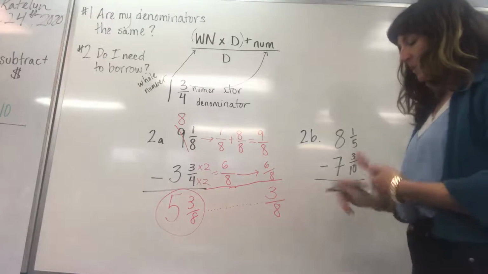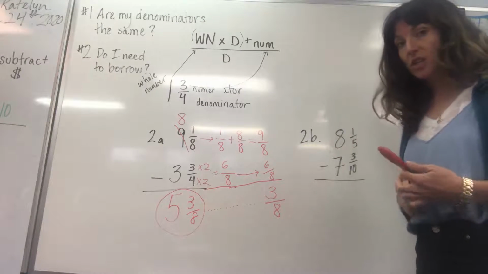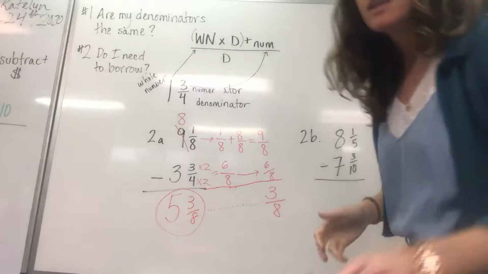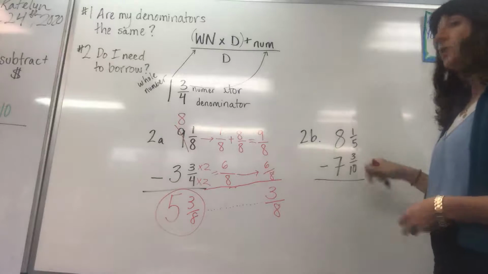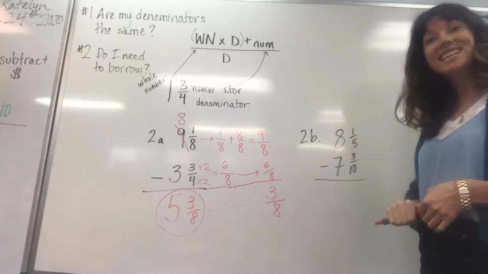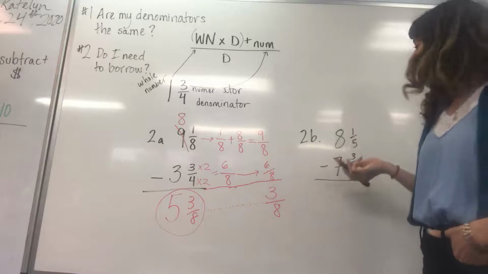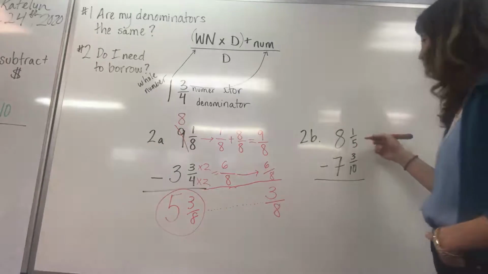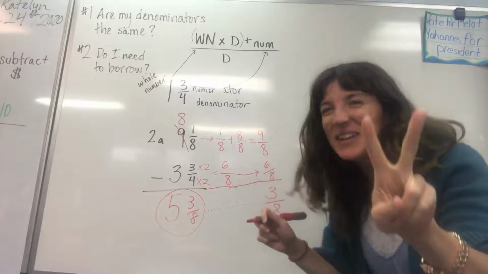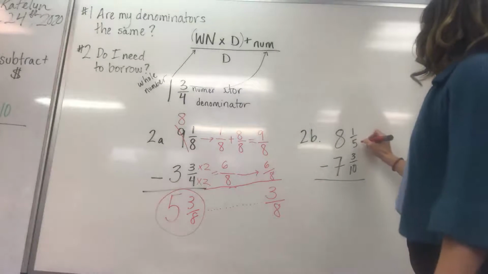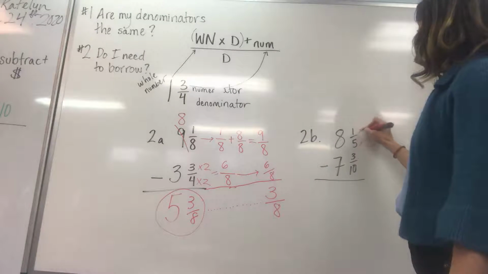No, they're not the same. So we start to do multiples of the larger denominator, 10, 20, 30. Then we start to do multiples of the smaller denominator, 5, 10. Sounds like they share the number 10. How do I change a 5 into a 10? I multiply it times 2. Times 2, times 2.